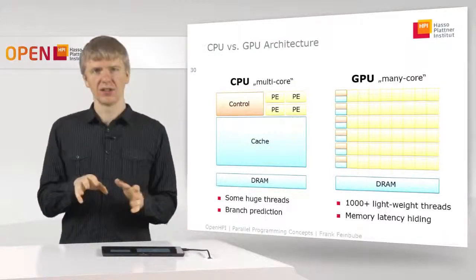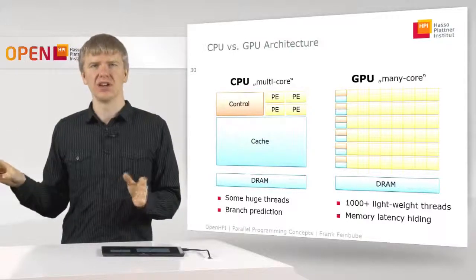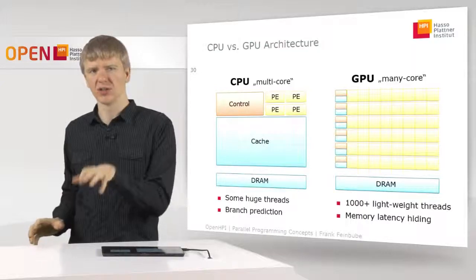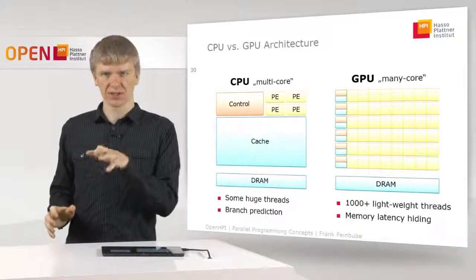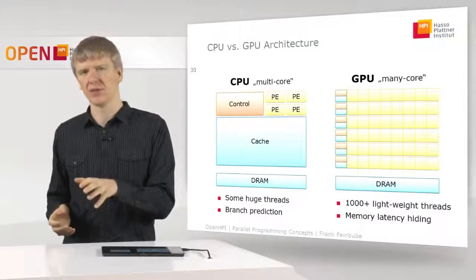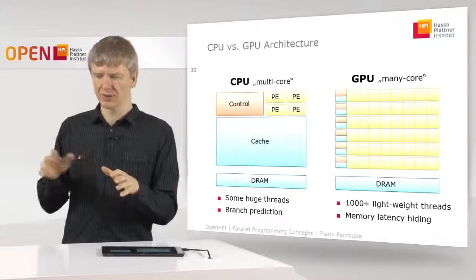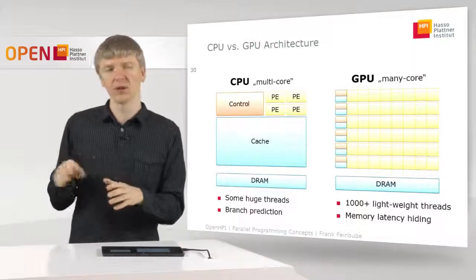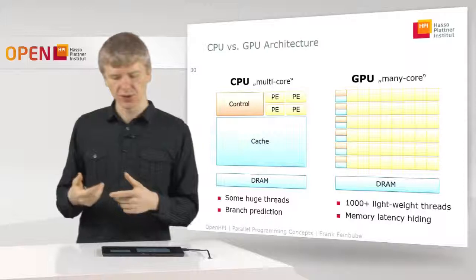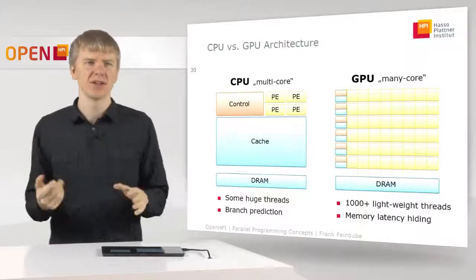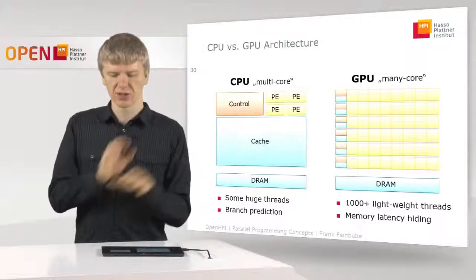When one thread starts accessing memory and waiting for it, then they just put those threads away, take other threads, and have those other threads running. And if those access memory again, then they take another subset of those threads and have them running, and so forth and so forth. And sometime in the future, the memory requests will be responded to, and then they just have the threads running that were waiting for this. So they have a large amount of threads, and they just switch them around all the time.